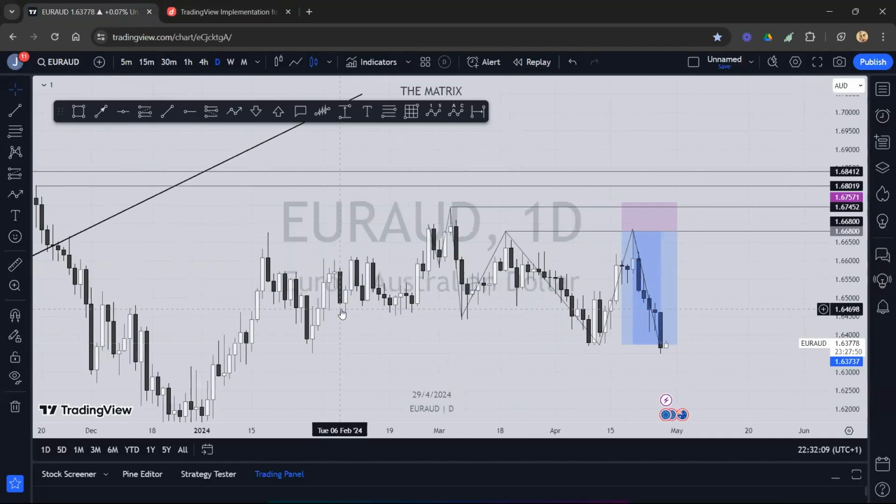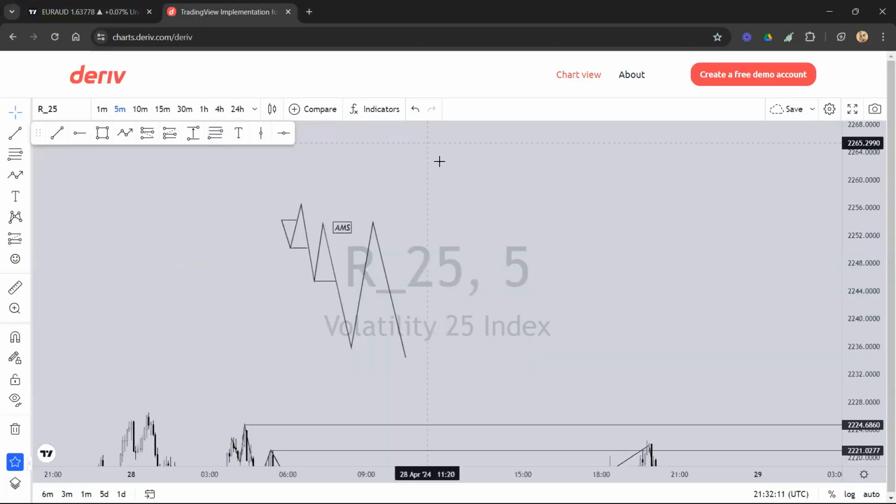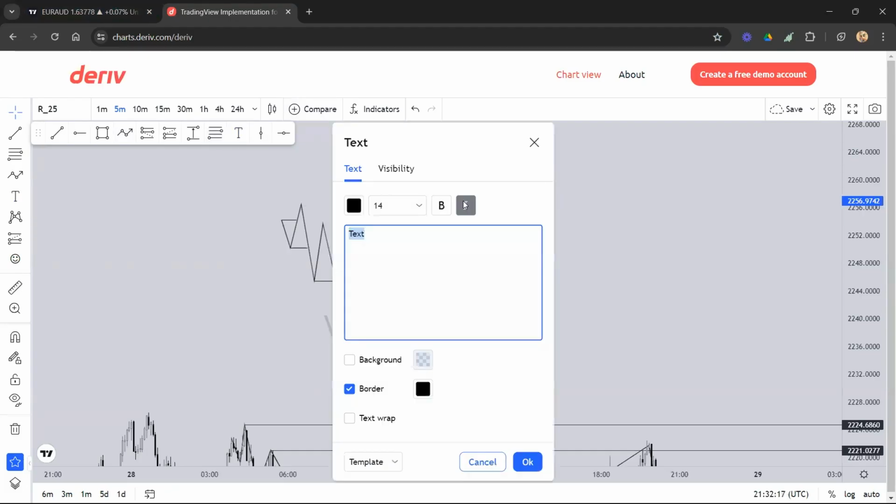Okay, perfect. All right, so let me outline the rules for you. Number one rule, let me put it in caps lock. There must be a sweep of liquidity.